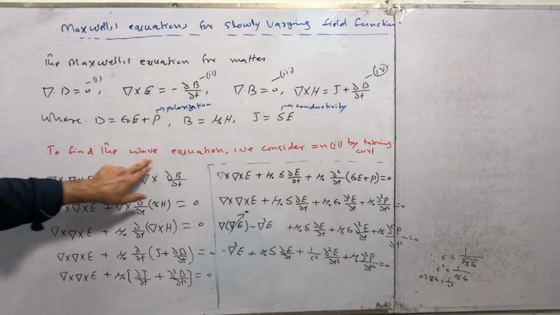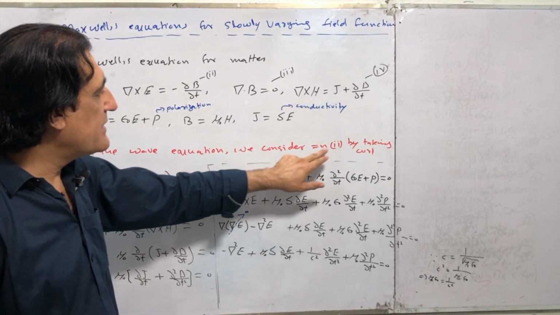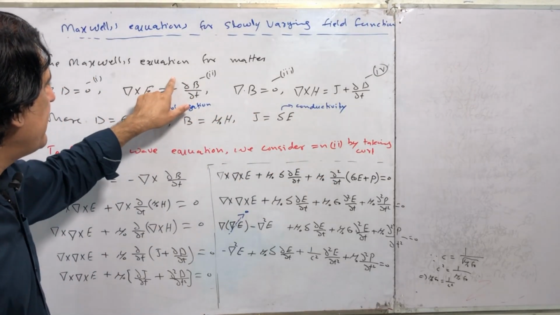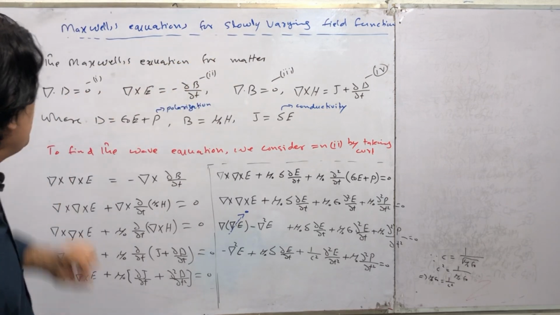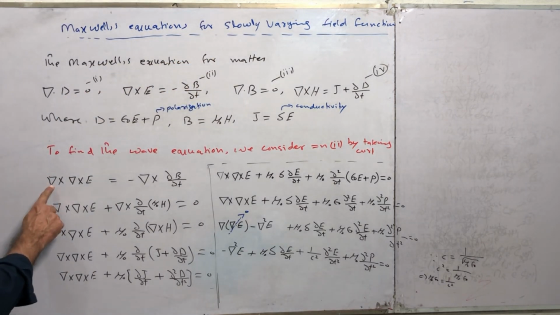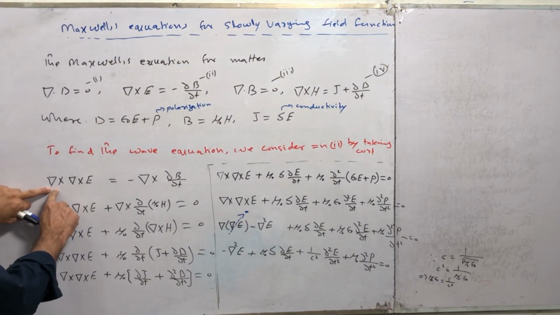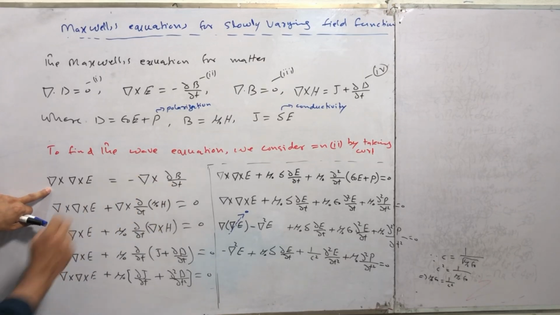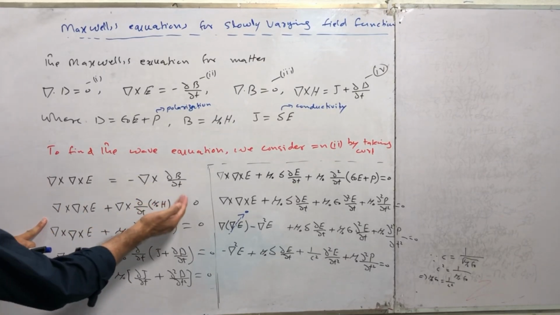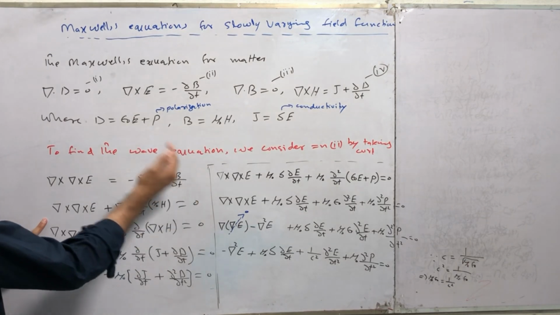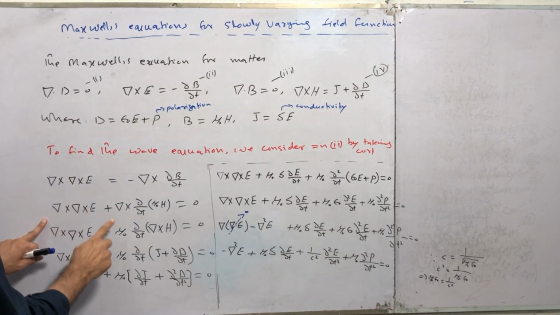To find the wave equation, we consider equation number 2 and take the curl of this equation. So the curl of this equation is del cross this and del cross this, and further we consider this part on the left side.